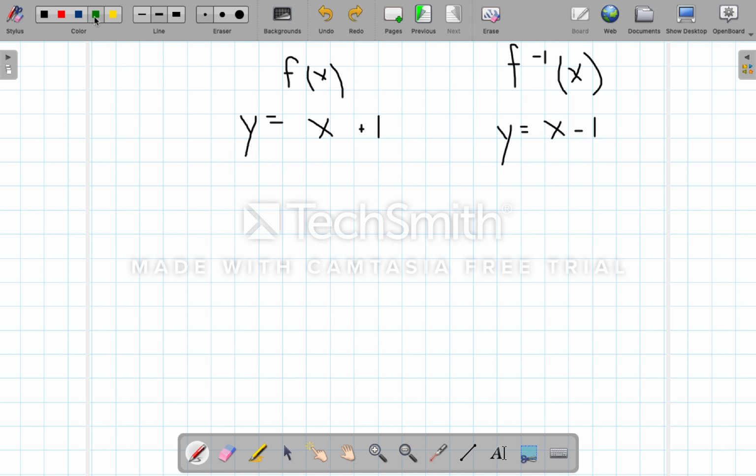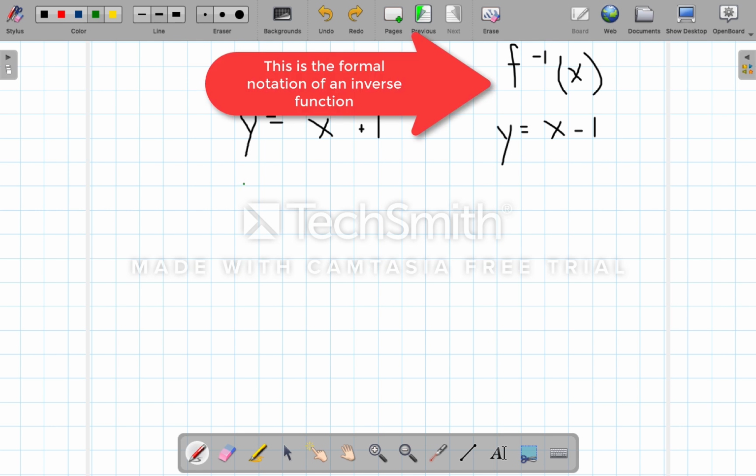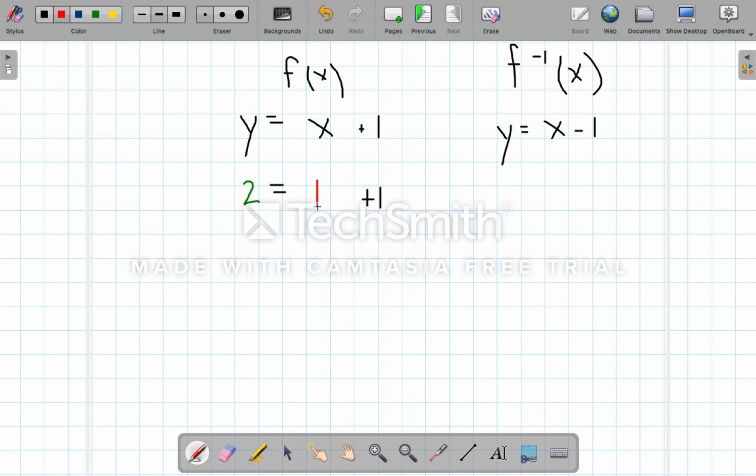Now when I put in points, I find that I have, let's say, for example, 2 equals 1 plus 1, of course. Here, in the inverse, we have 1 equals 2 minus 1.